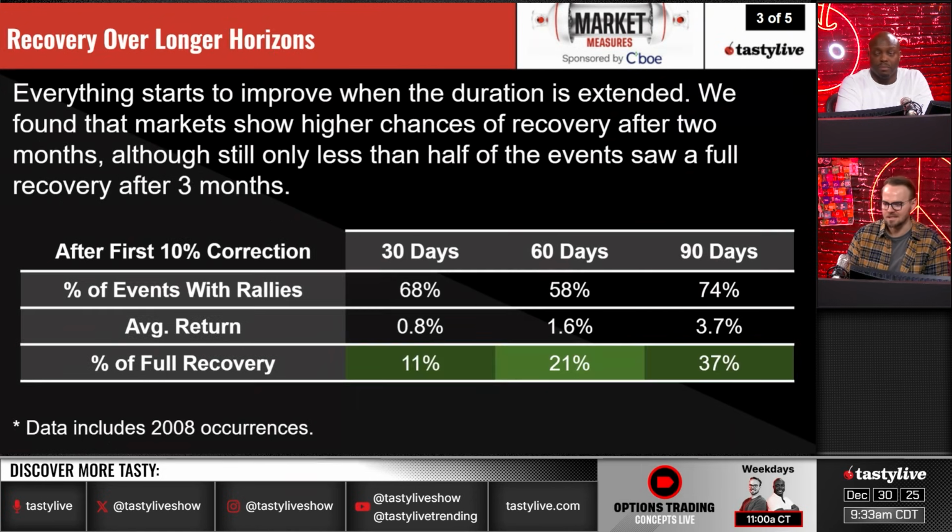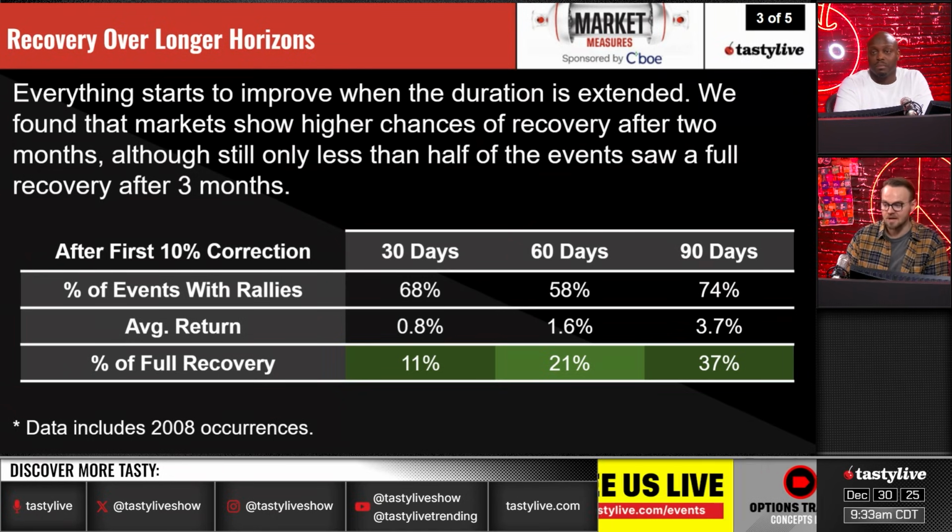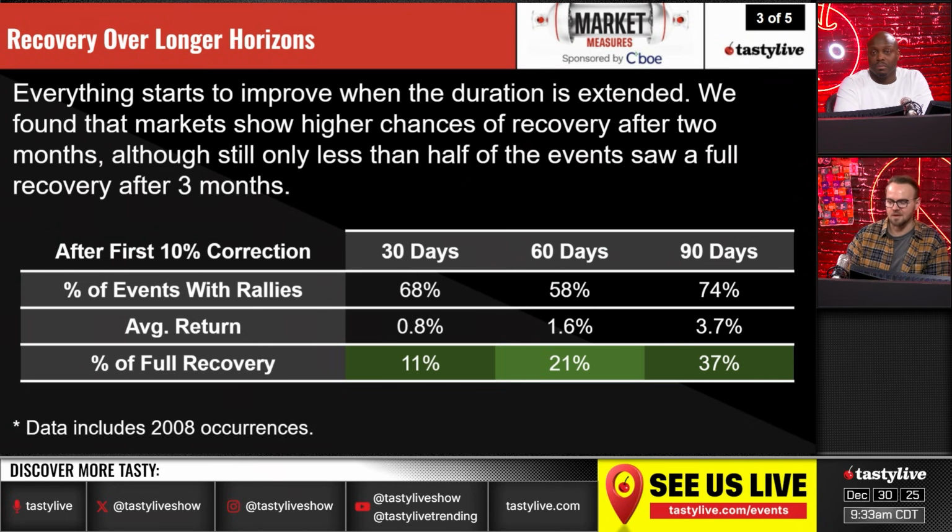Next slide, please. Everything starts to improve when the duration is extended. As we just stated, we find the markets show higher chances of recovery after 2 months, although still less than half of the events saw a full recovery after 3 months. But still, these are high percentages: if you see a 10% correction, full recovery in 90 days, almost 40%.